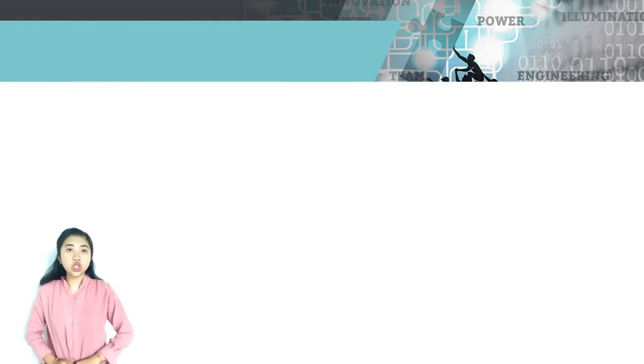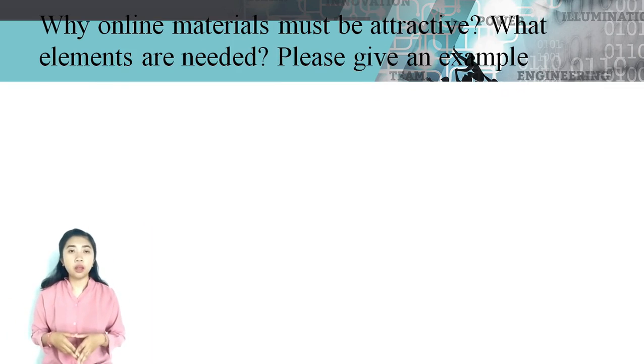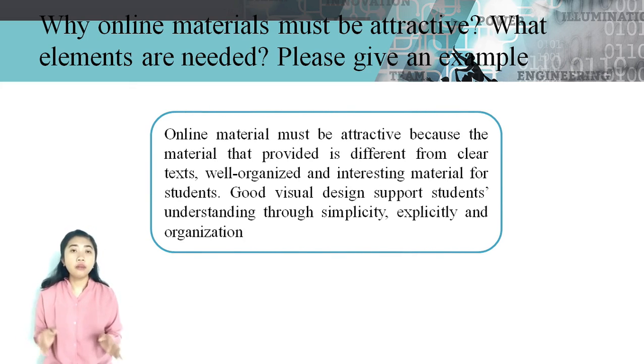Next, question number 4. Why must online material be attractive? What elements are needed? Please give an example. Online material must be attractive because the material provided should be clear text, well-organized, and interesting for students. Good visual designs help students' understanding through simplicity, explicitness, and organization.